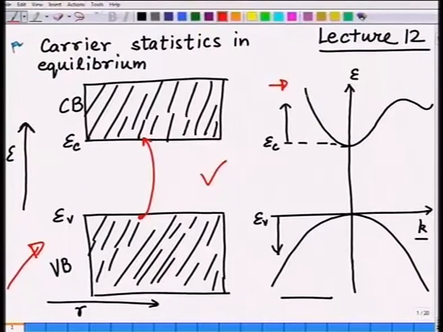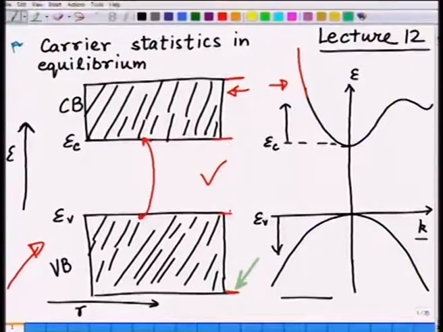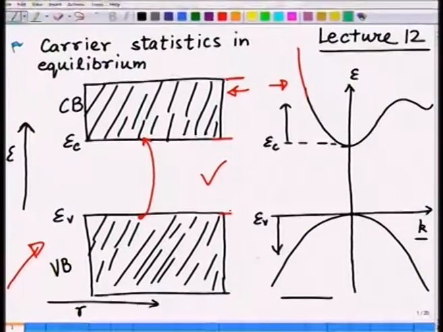So that's exactly the diagram I have now begun to reproduce. While in the previous diagram I was not showing where these energy levels terminate, in this diagram I have shown where it terminates. This is the maximum of the energy of the valence band, this is the minimum of the conduction band, and this is where the conduction band terminates.